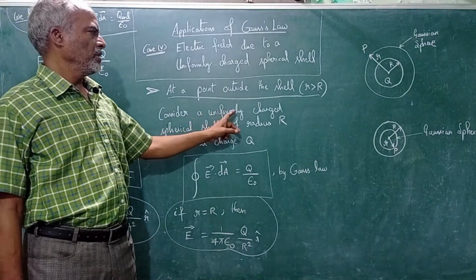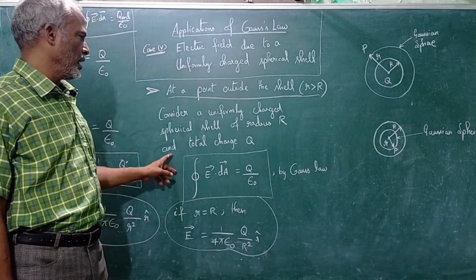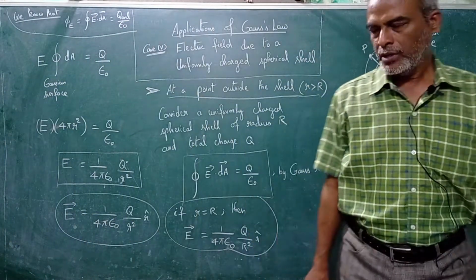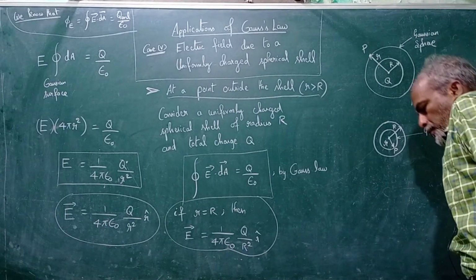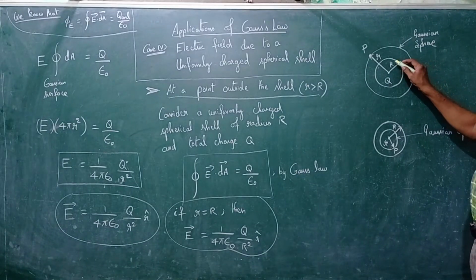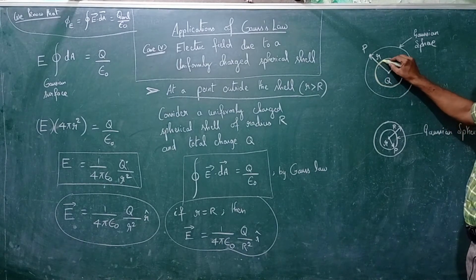Consider a uniformly charged spherical shell of radius R and total charge q. So, here you can see this is our spherical shell.